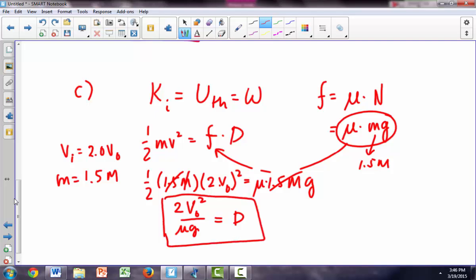d equals 2v0 squared over mu g. I mentioned there was another way to do this with kinematics. You could have found the acceleration using vf squared equals v0 squared plus 2a delta y. This is d. Final velocity is 0.